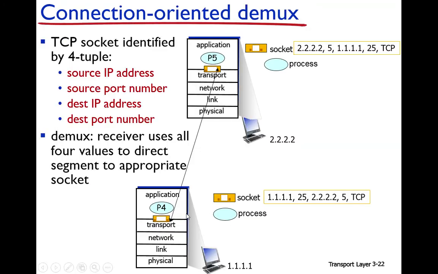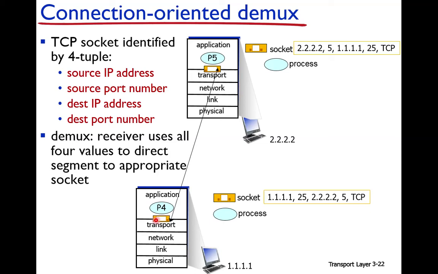But TCP at the transport layer, when it wants to pass the data to the application socket, uses 4 tuples: source IP address, source port number, destination IP address, and destination port number, to uniquely identify the socket or application to which the data is to be given.